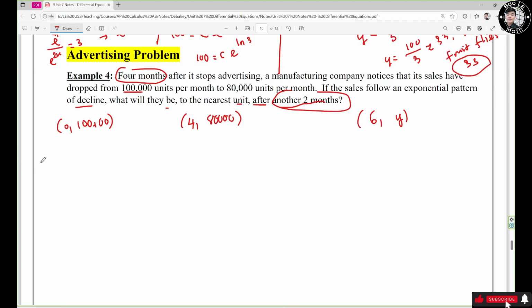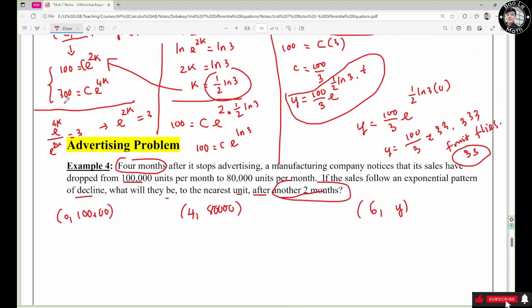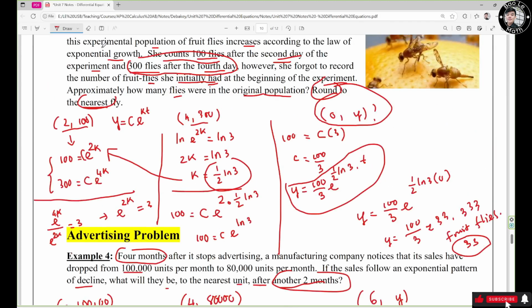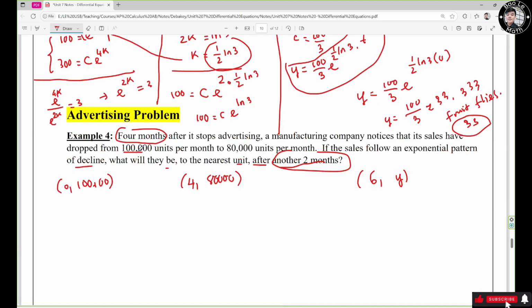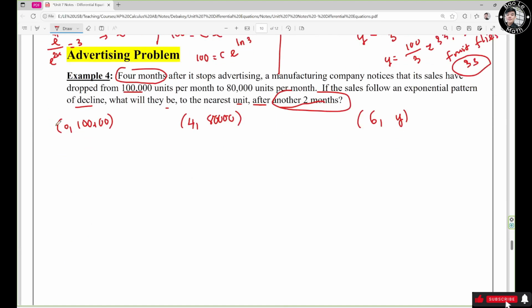So now example 4 is slightly different from example number 3. Example number 4 is similar to example number 2, right? Because you have the initial value right here. So you can solve for C directly. You don't have to use a system of equations like what you did in example number 3. So be careful, okay? You have y equals C times e raised to the k times t, right?